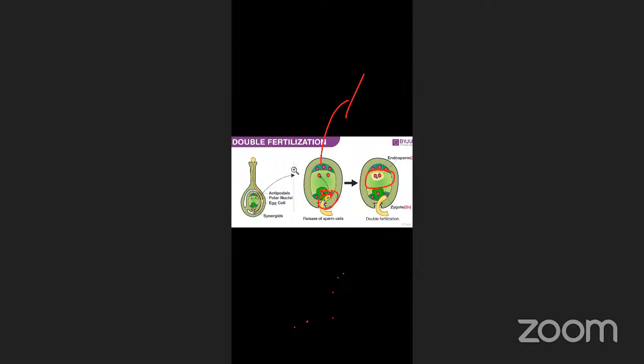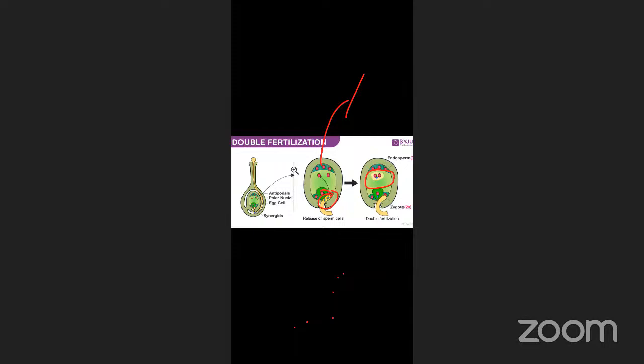Let's see the endosperm types. Just open the page number. Are you clear about the endosperm formation? Tell me the ploidy of the endosperm: haploid, diploid, or triploid? What is the ploidy of the secondary nucleus in the embryo sac or female gametophyte?